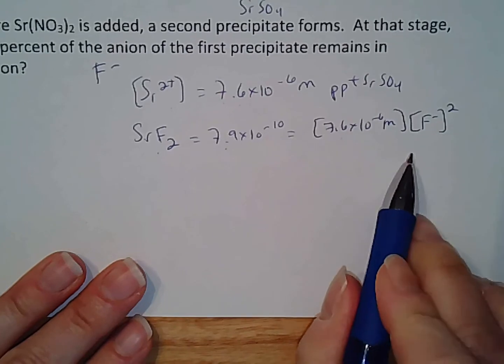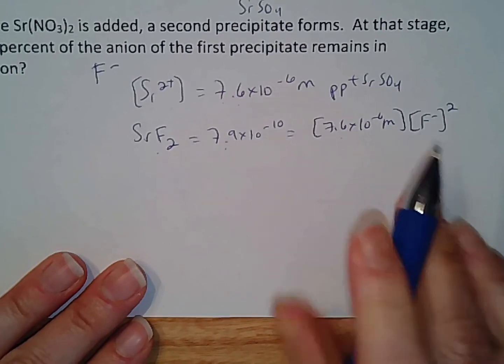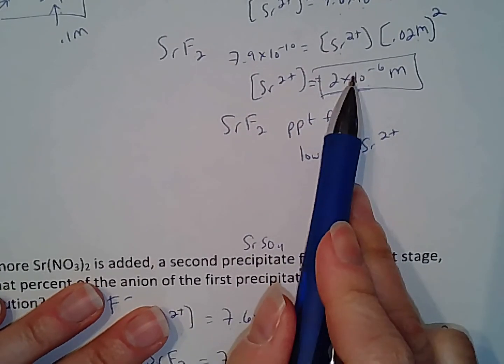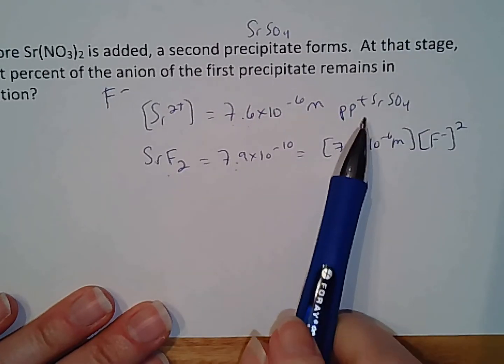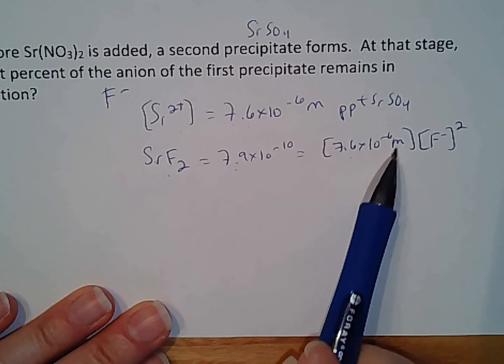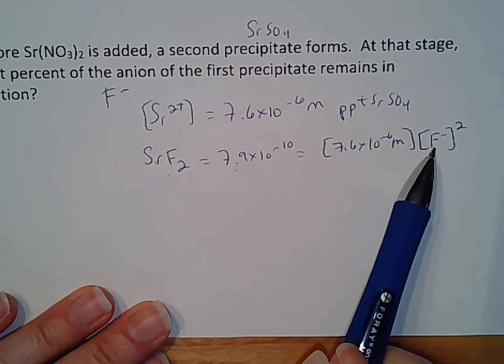Because again, the fluoride is essentially being used up to make this precipitate. But now as I start to make the second precipitate and I add more and more of the strontium, how much fluoride do I actually have?